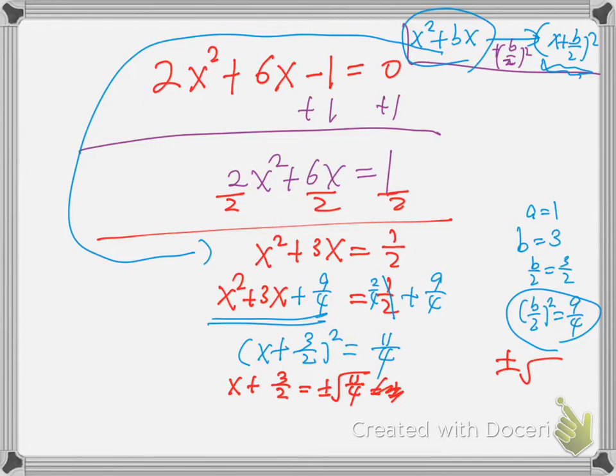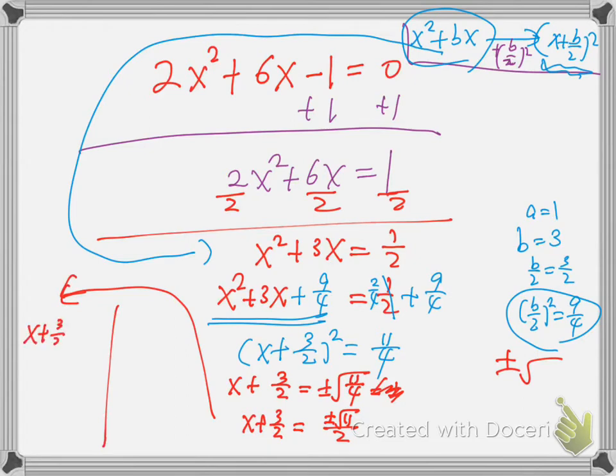So let's write down one more step here. X plus 3 over 2 is positive, negative, square root of 11 over 2. For the denominator, you can simplify radical 4 to 2. So now we have two cases, right? First, x plus 3 over 2 is positive radical 11 over 2. Second case, x plus 3 over 2 is negative square root of 11 over 2.